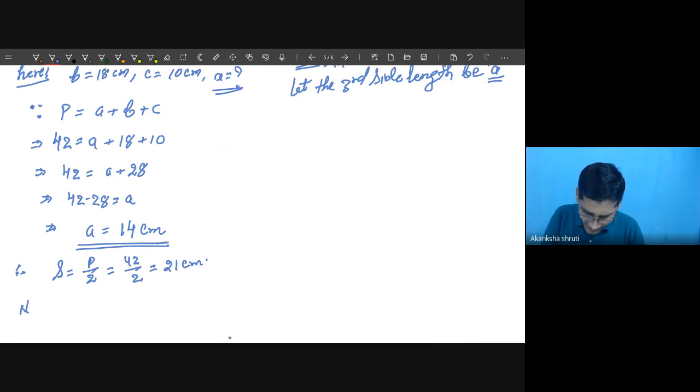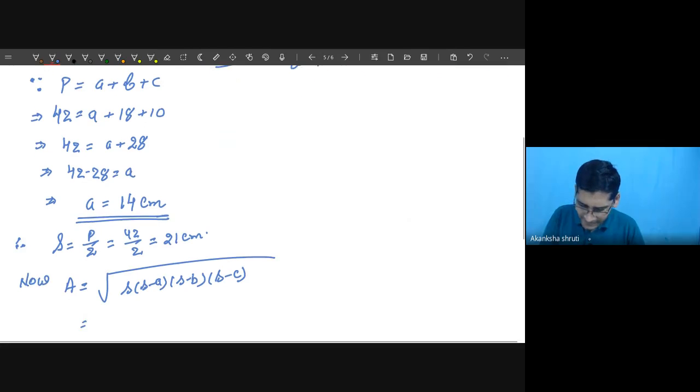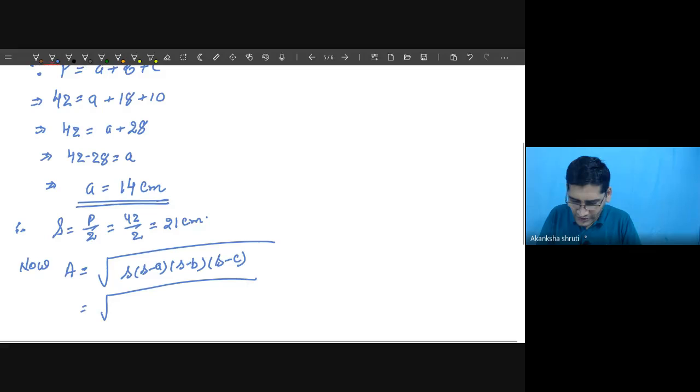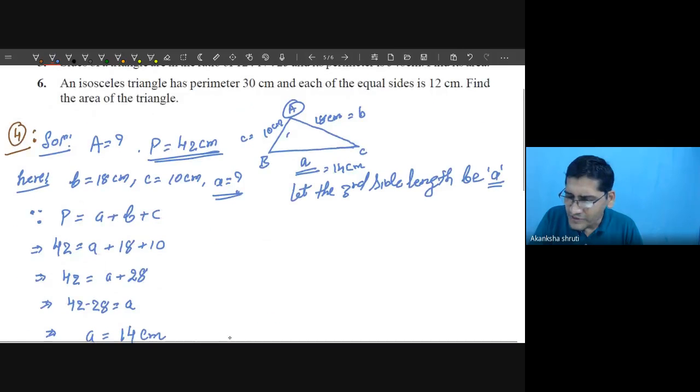Now, how to calculate the area A? The semiperimeter we have calculated by dividing the perimeter. So root of s into s minus a, s minus b, s minus c. Student, the semiperimeter we have calculated as 21 by dividing the total perimeter P by 2. So 21 we shall put. Now s, the same semiperimeter, minus the a. a is one of the side length.